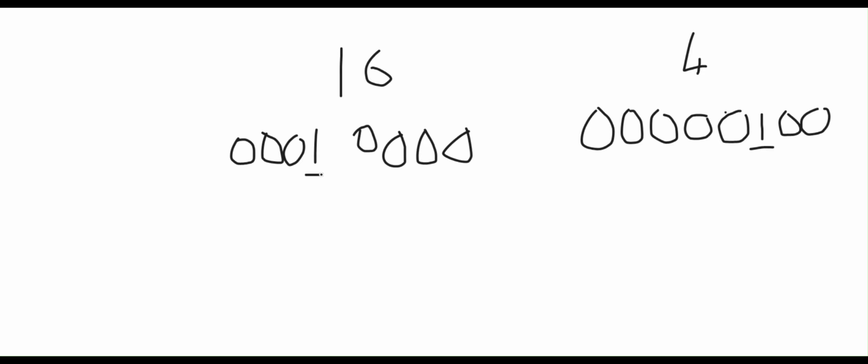Okay, so if a number is a power of 2, it will also have only one bit set. Yes, correct. A number which is a power of 2 will also have exactly one bit set.